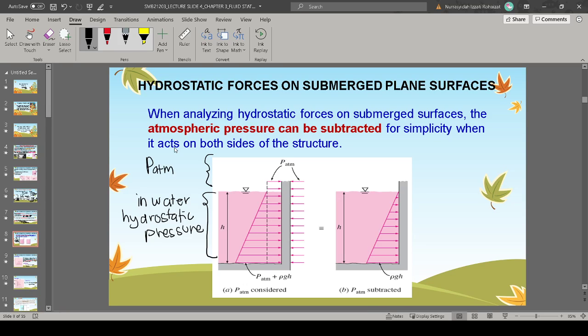So for the sake of simplicity, we can remove PATM. We just try to analyze our hydrostatic pressure, which is happening only in the water.